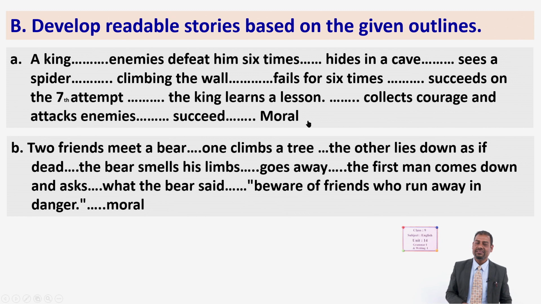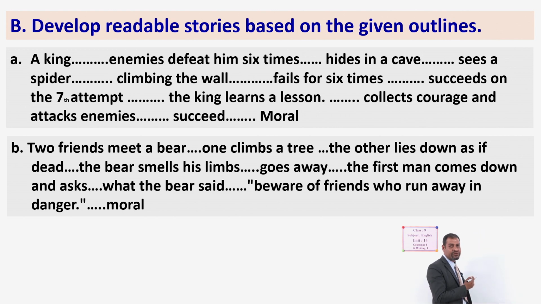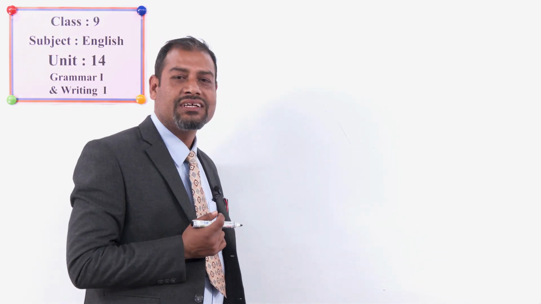Now based on these ideas, you have to develop a readable story. Dear students, please start writing a story using these outlines. Now you can tell me also, and I want to write down this story.